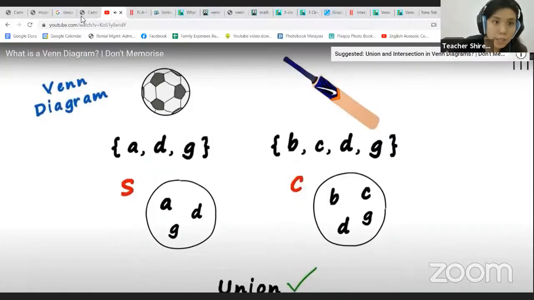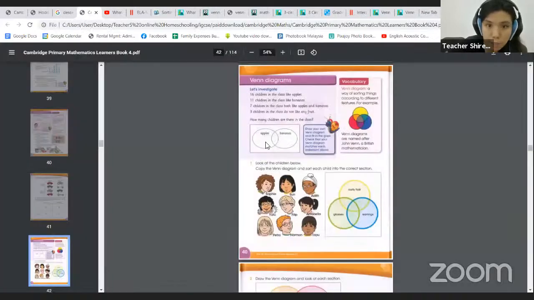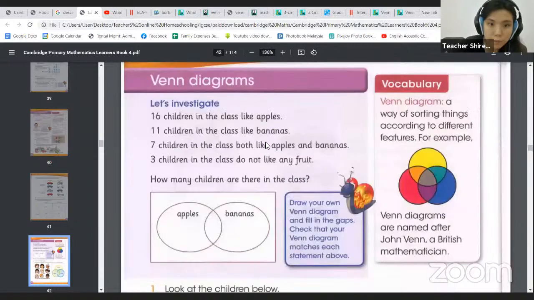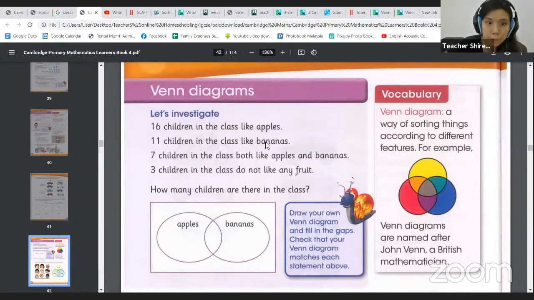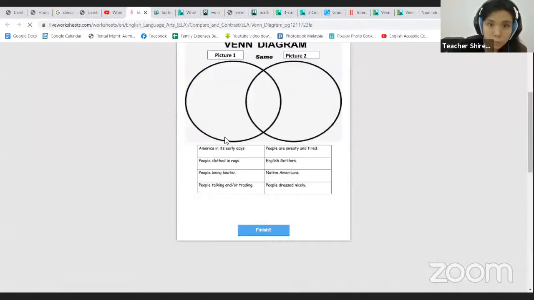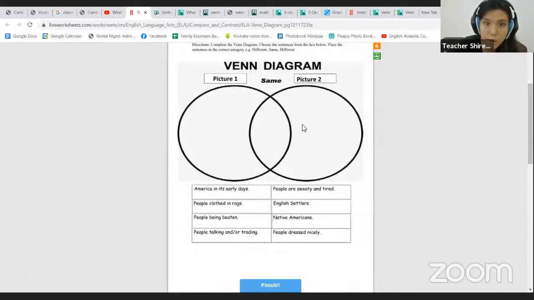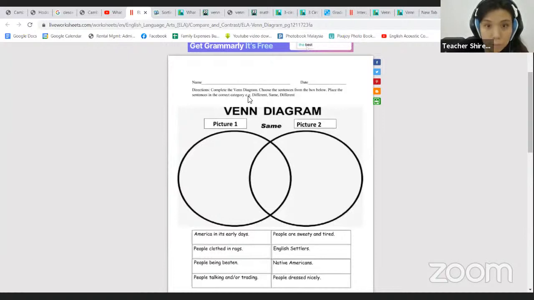Alright, so let's draw a simple one first. Let's say, for example, there are two Venn diagrams. Directions: complete the Venn diagram. Place the sentence in the correct category, same or different.